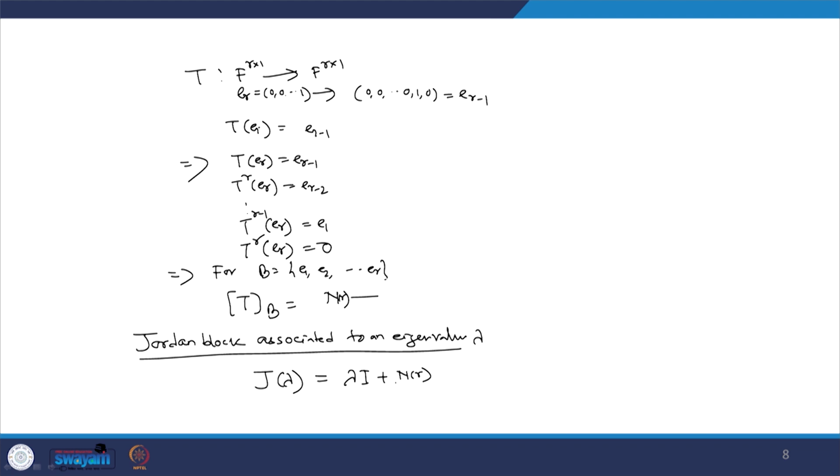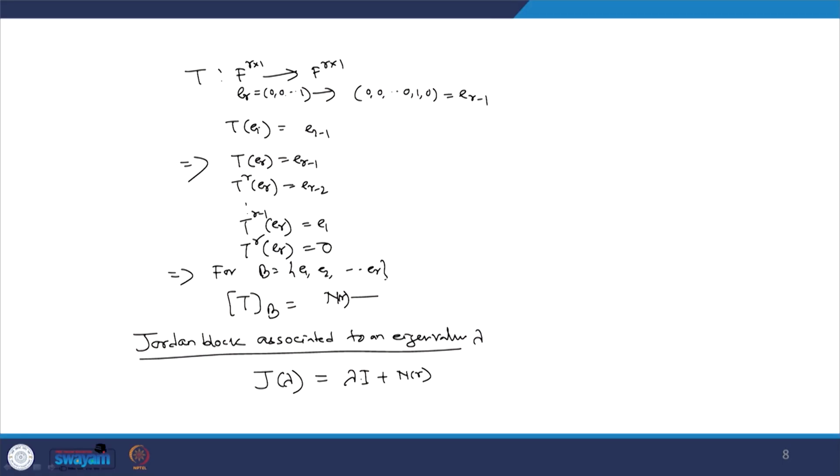So, N to the power r equals 0, but N to the power r minus 1 is not equal to 0, and N has the structure that I have already shown, where each super diagonal term is equal to 1, and the rest of the terms are equal to 0. So, J_lambda is lambda times the r cross r identity matrix plus N_r.